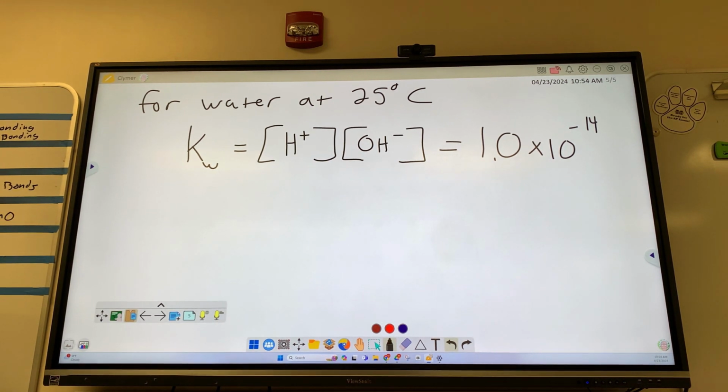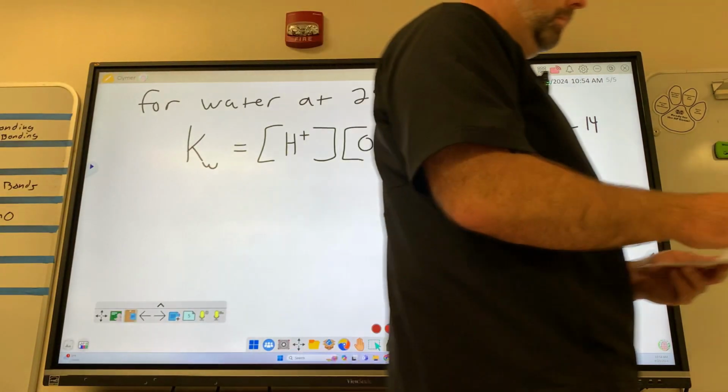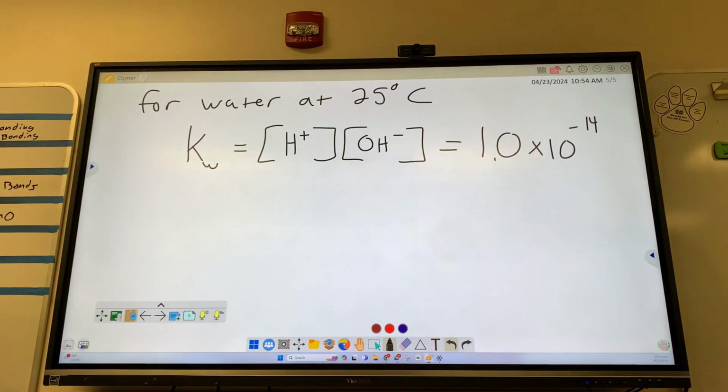Flip over to the back of this at the top. Now, problem set 1 includes calculating molarity of H plus or molarity of OH minus given each of these numbers.